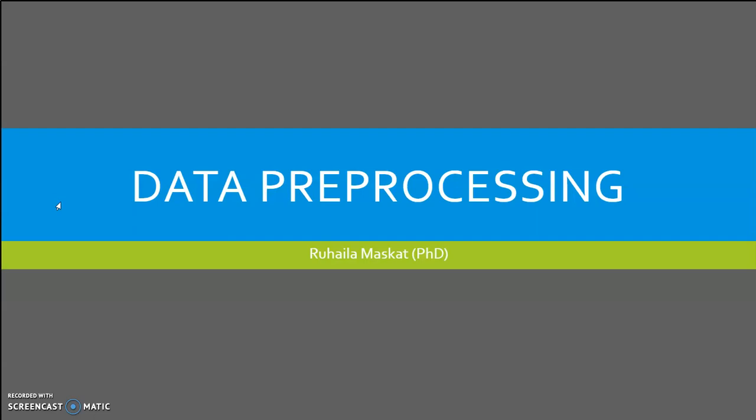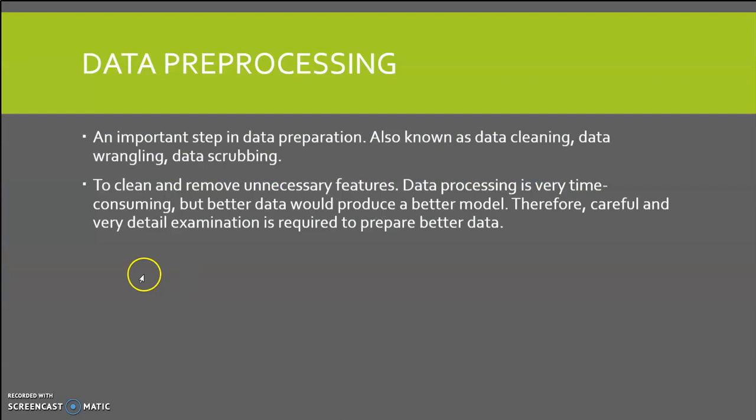Because basically, when you get raw data, it is in a dirty form, whereby you need to clean it in terms of its format, its structure, its typos. So let's get on with this lecture on data preprocessing.